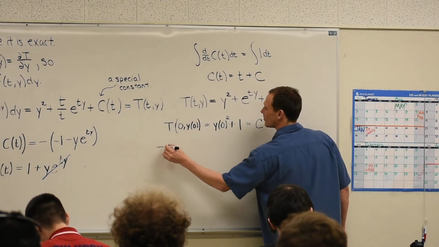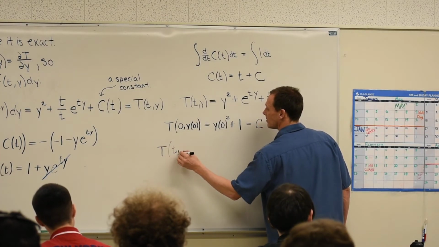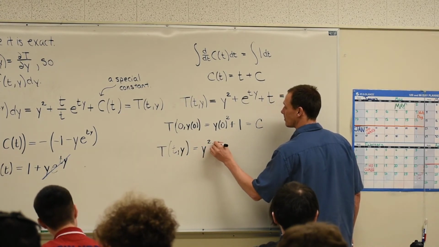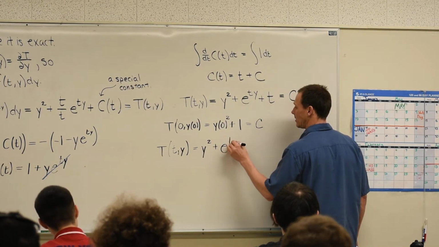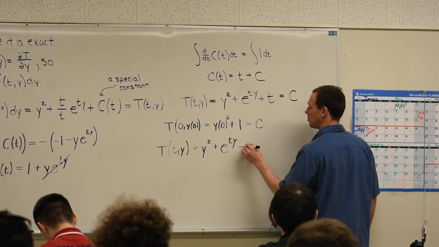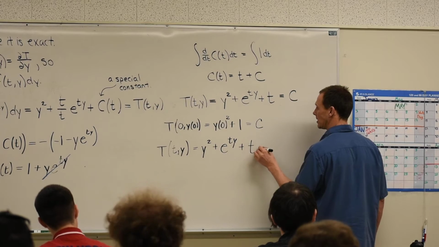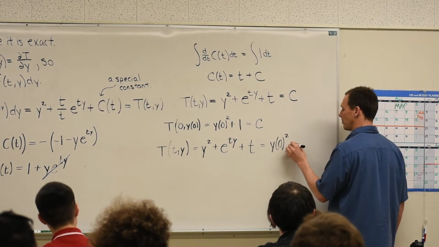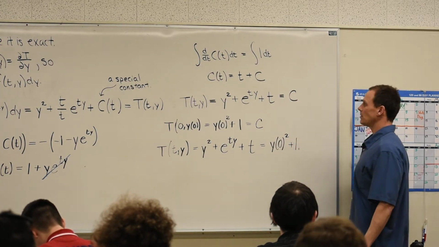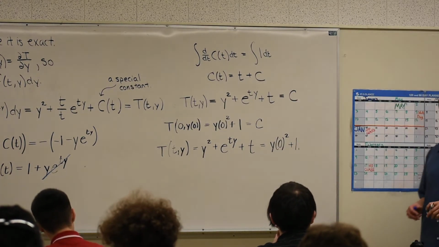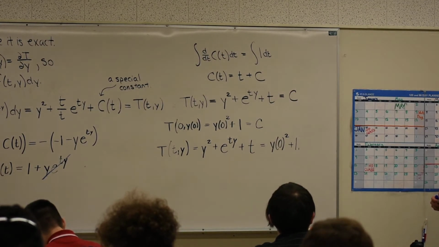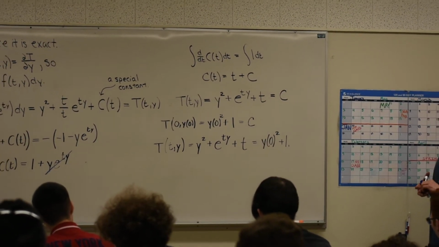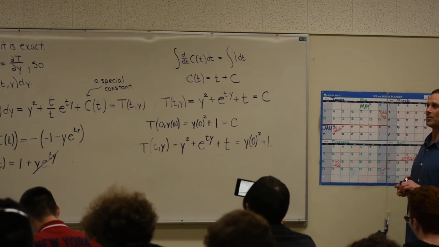So you can say that your function of t comma y, y squared plus e to the ty plus t, is equal to y of 0 squared plus 1. Isn't that the slickest thing? I think so. Yes, all right.